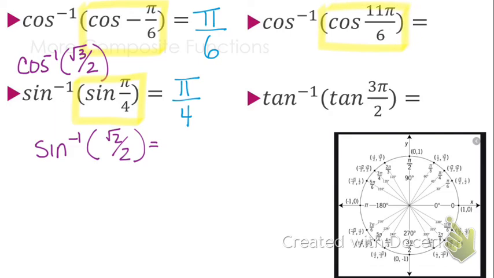What is the cosine of 11 pi over 6? So the cosine of 11 pi over 6 is positive square root of 3 over 2. So these are essentially the same question. So my final answer is, again, pi over 6.